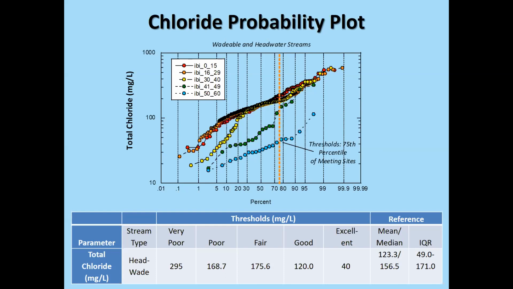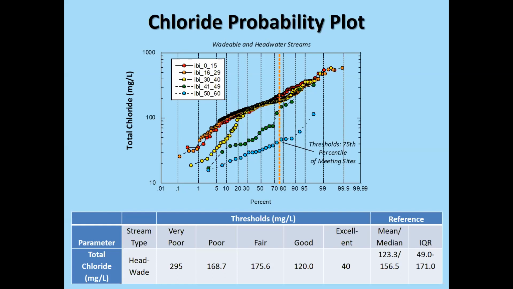I mean, all sites in Illinois are subject to a certain level of anthropogenic stress. And so this was a way to increase the probability that the threshold that was identified was accurately, or had a higher probability of being, indicative of the site supporting the aquatic life attached to it.